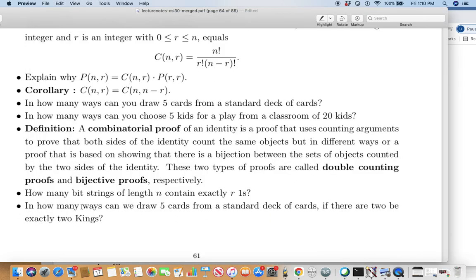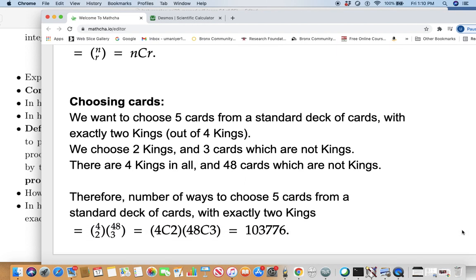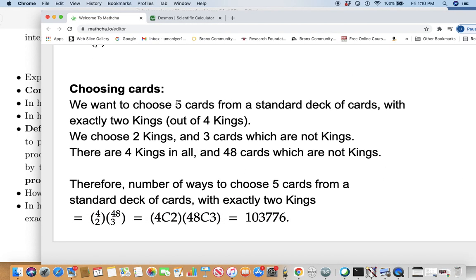Okay. Lastly, how many ways can you draw 5 cards from a standard deck of cards if there are to be exactly 2 kings? You want exactly 2 kings. You're choosing 5, exactly 2 kings. Those 2 kings come out of 4 kings.